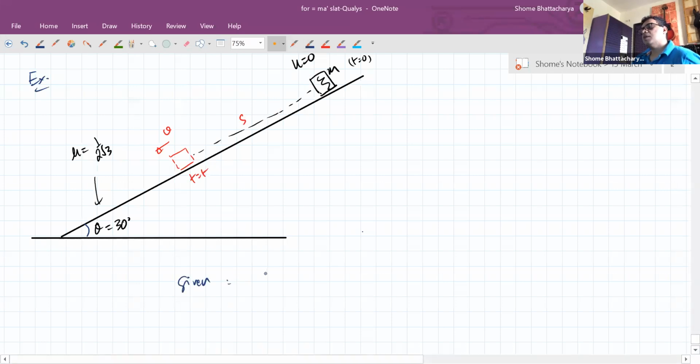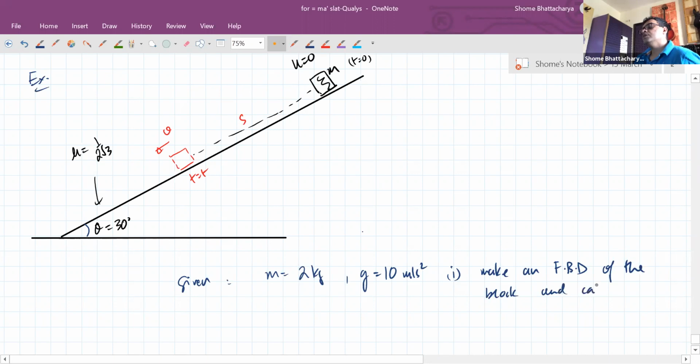So given that the mass of the block is 2 kilograms and g is 10 meters per second square, first of all make an FBD, a free body diagram of the block, and calculate all the forces.